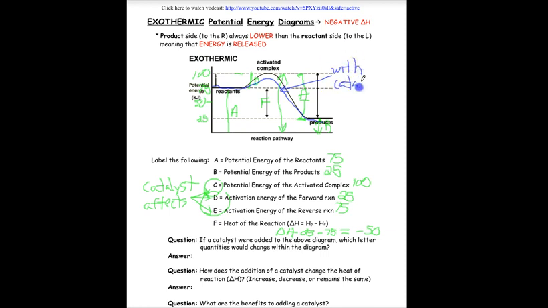They have actually asked you to take a diagram and draw in what the line would look like, or what the graph would look like with the catalyst. And this stands for W/O, without catalyst. And make sure that you copy this down. This is extremely important. And that is it for this lesson.